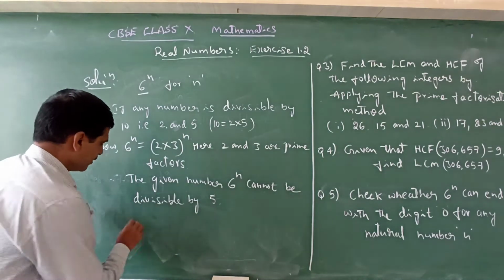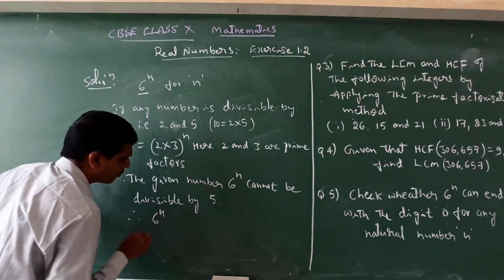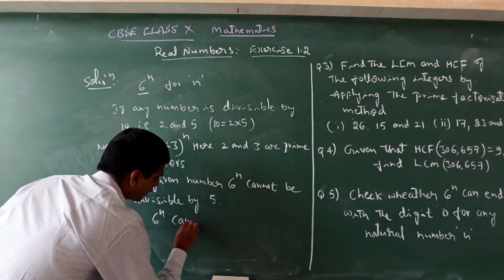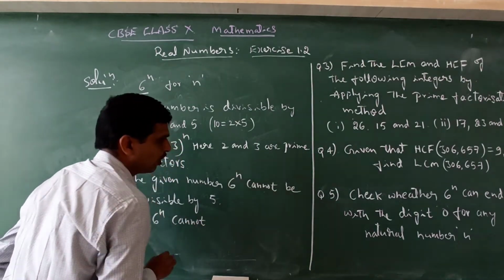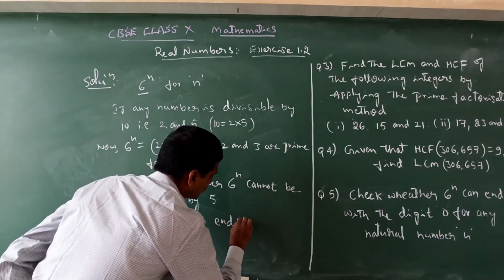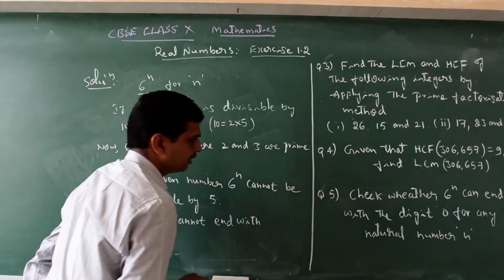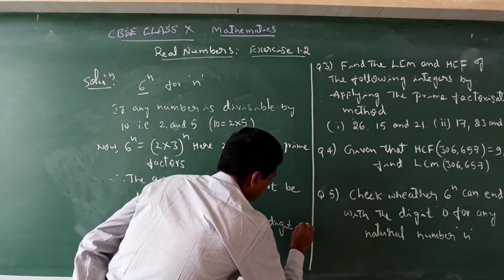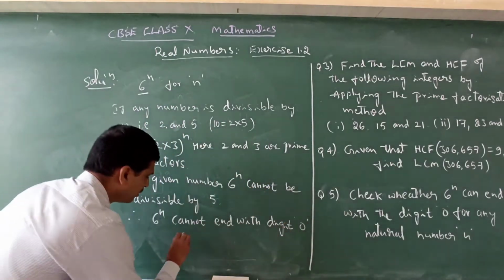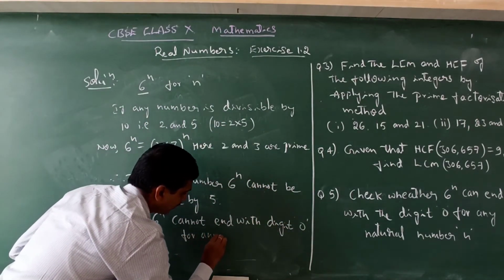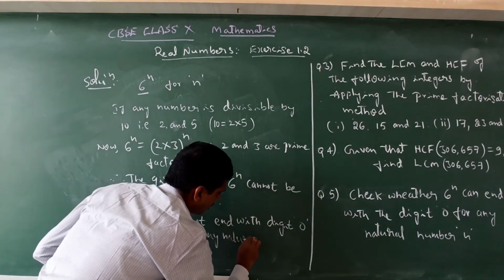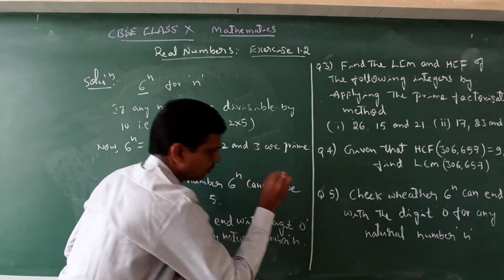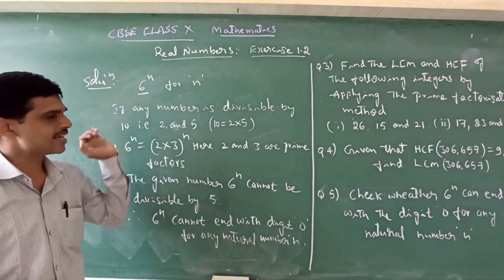So 6 to the power of n cannot end with the digit 0 for any natural number.